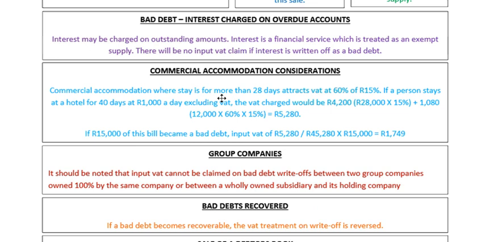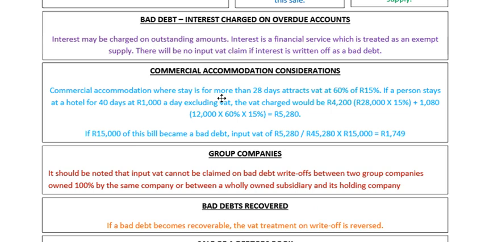Similarly, if the bad debt is to a group company, we cannot claim the bad debt as a VAT input claim. So the person who bought the goods in the group will not have to reverse out the inputs and charge outputs. Similarly, we are not allowed to write off the bad debt and claim an input. Nothing is done with it.